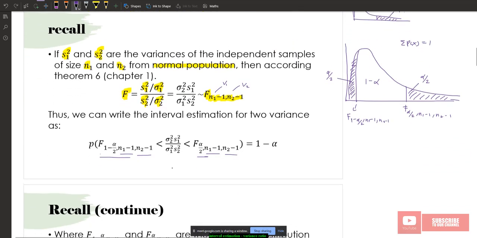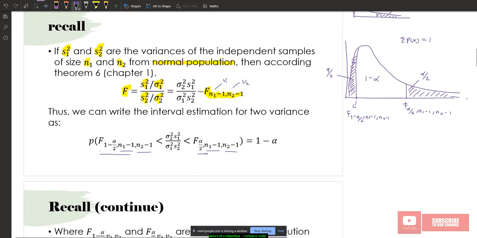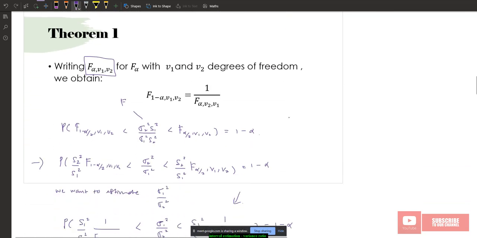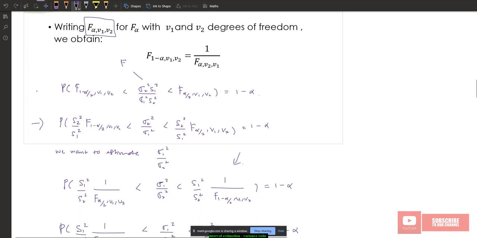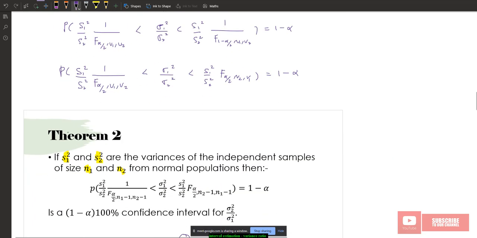F distribution just looks like the chi-square distribution. When we want to find the area on the left hand side, we just need 1 minus alpha divided by 2, right? And the second thing you need to understand is how to derive from the basic equation to theorem number 2, which is this equation.